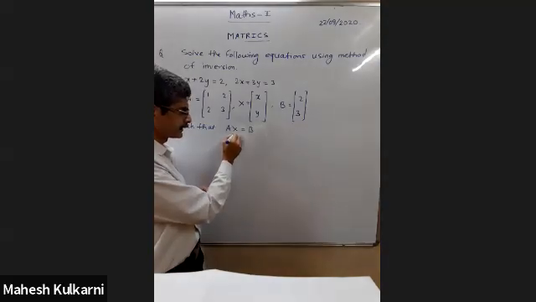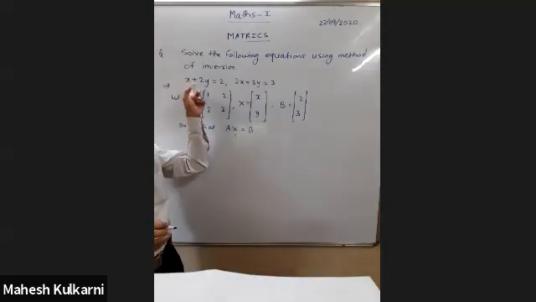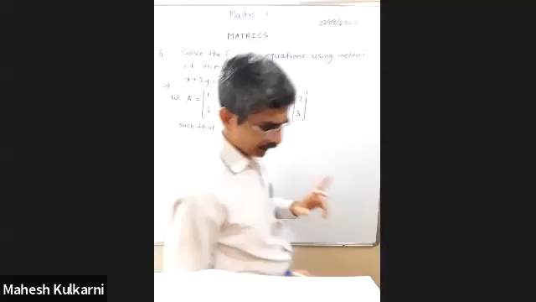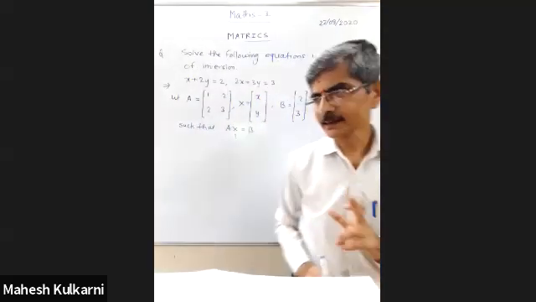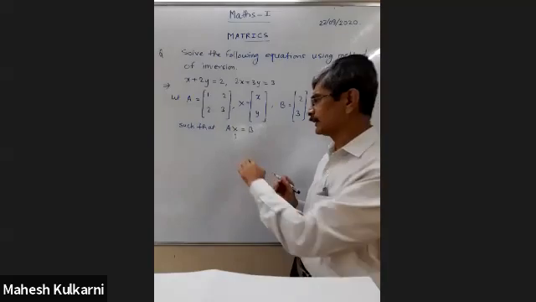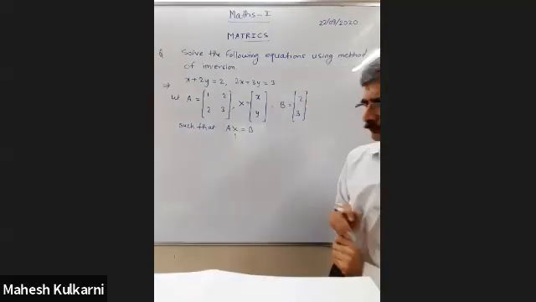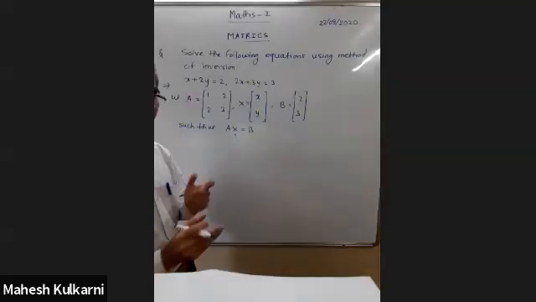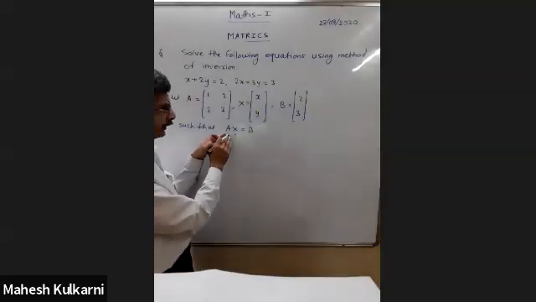Now we have to find X, because our aim in solving the equations is to find these unknowns, that is, we have to find matrix X. Now to find matrix X, we can find A inverse as we studied yesterday.